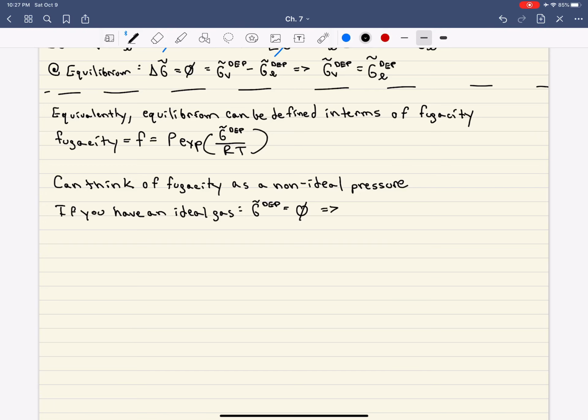Therefore, your fugacity would be equal to P times the exponential of 0. Exponential of 0 is 1, and so you would just end up with your fugacity being equal to pressure. But if you're dealing with a non-ideal fluid or gas, so if your departure function is not equal to 0, then the fugacity deviates from pressure.